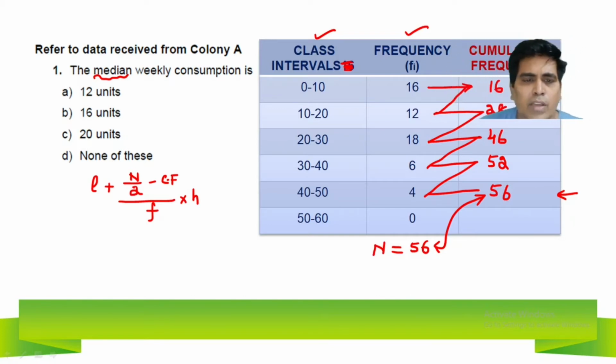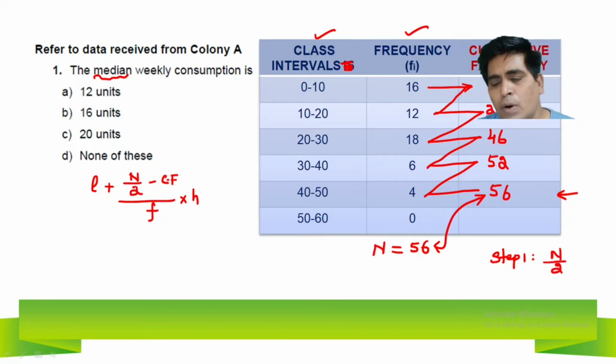Next, we have to find the median class. How to find the median class? The median class depends on the n by 2 value. That is step 1, a very, very important step. Based on n by 2, we calculate the median class.